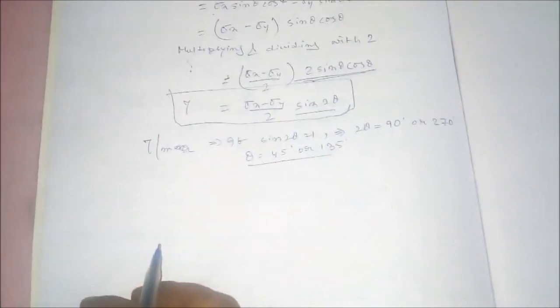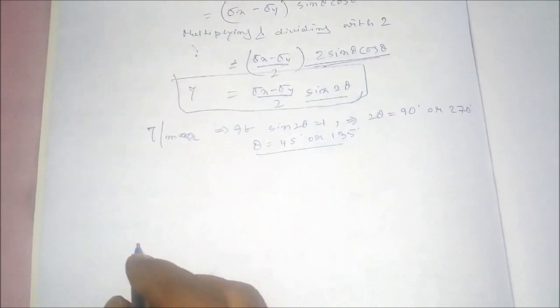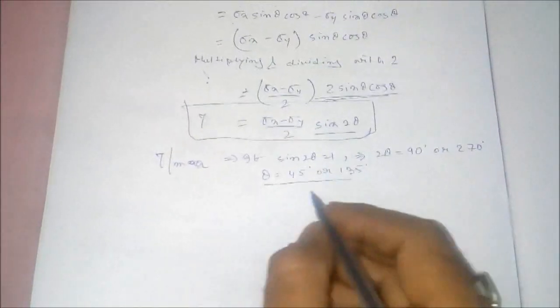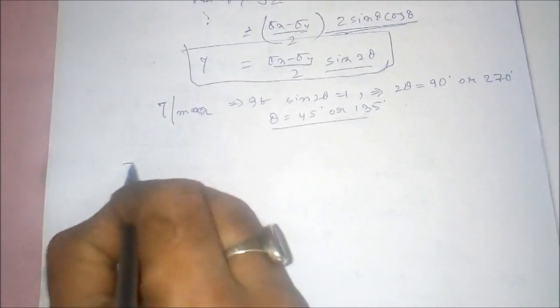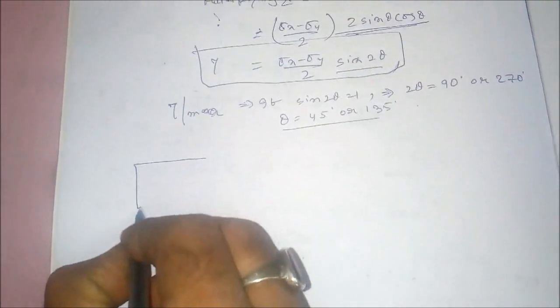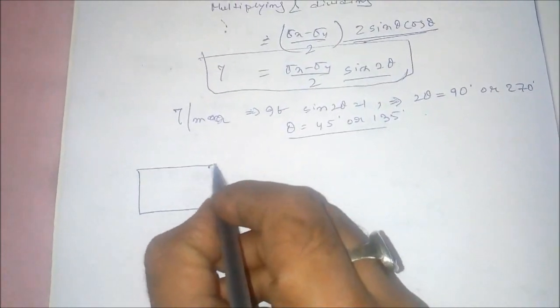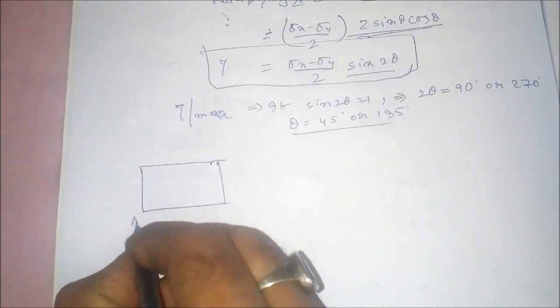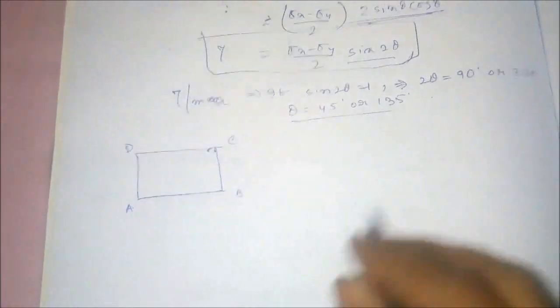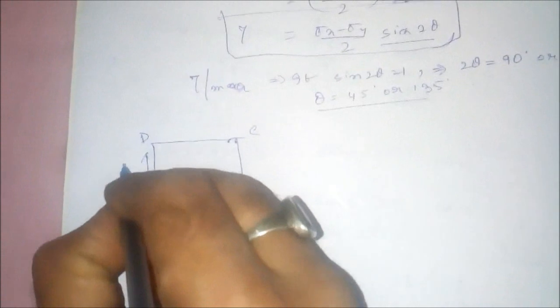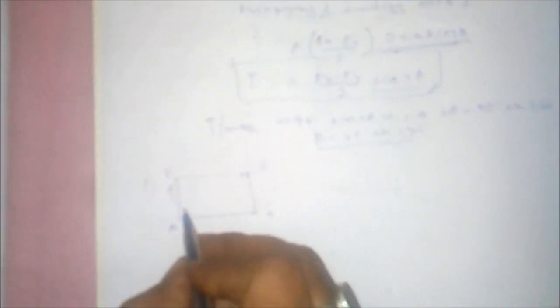But what will happen if the body is experiencing some sort of shear force? Suppose only shear force. Suppose one body is there, A, B, C, D, and this body is experiencing some shear force, suppose tau xy.